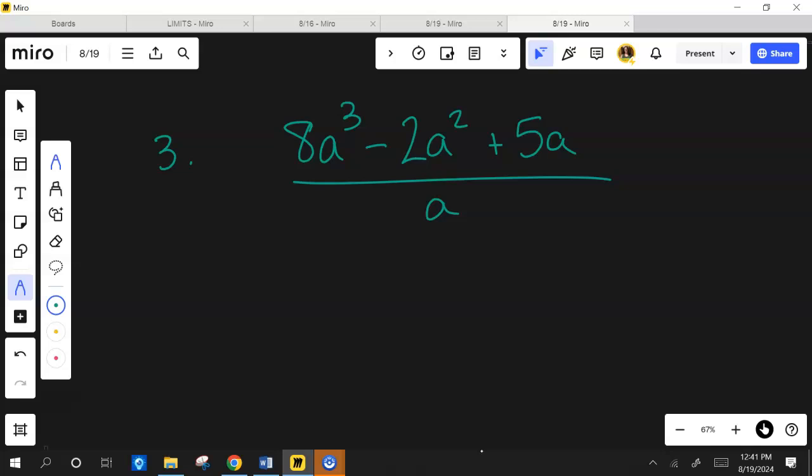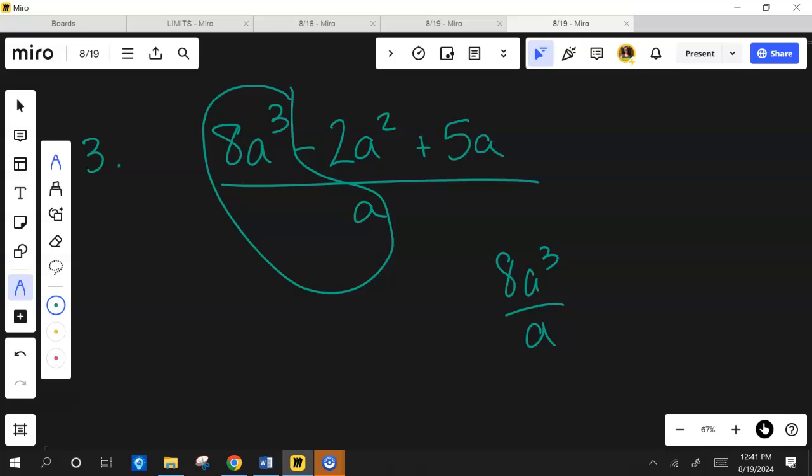Yes, I am. How do I know, Matt? There's no plus or minus. Tell me what my first fraction is, Matt. 8a to the 3rd over a. And then what? Then I go to the next term, right?